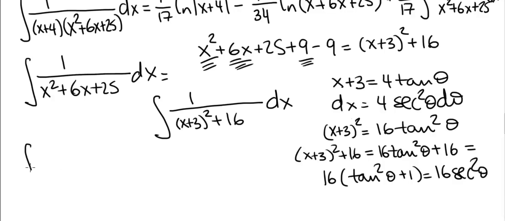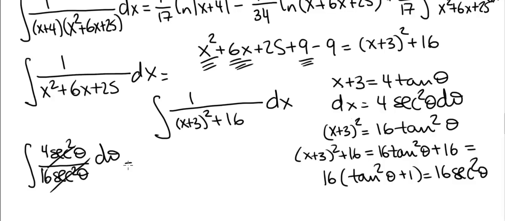So the integral is dx, which is 4 secant squared theta d theta, divided by (x plus 3) squared plus 16, which is 16 secant squared theta. So these cancel, and we just have 1/4 times the integral of 1 d theta, which is 1/4 times theta. Now, what is theta?